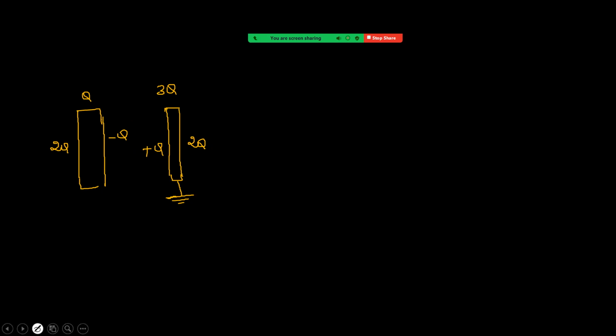Do one thing. Let us draw a diagram separately for grounding. This is before grounding. So after grounding, see what happens.